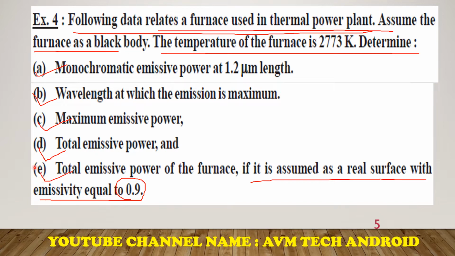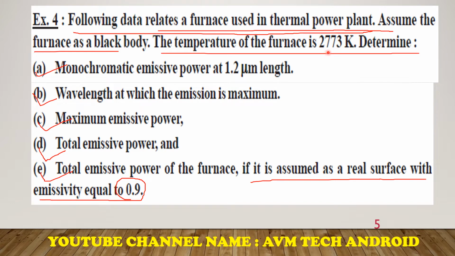But in the last question it is mentioned that we have to find the total emissive power of the furnace if it is assumed as a real surface with emissivity equal to 0.9. So first we do the exercise as a black body, and then we consider it as a real surface and again find the total emissive power. So there are 5 different small problems, and we have to find the answer for each.